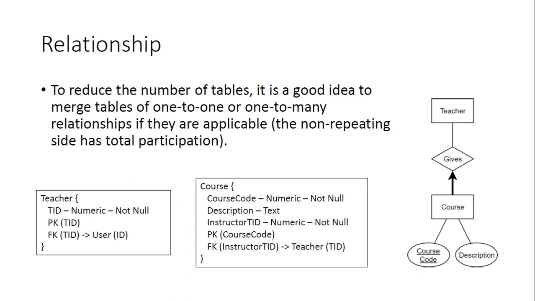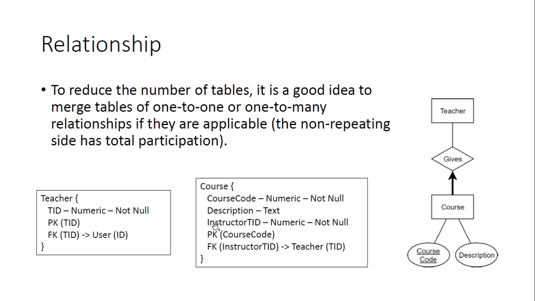For this one as well, instead of having a separate gives table and a separate course table, we decided to merge these two tables together because of this one-to-many setting and there's total participation on the course side. This time we did not change the naming. For a course, we write the course code and the description as attributes, and the primary key of this table was the course code by itself.